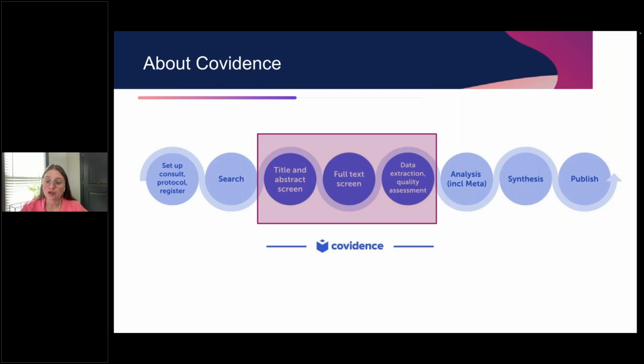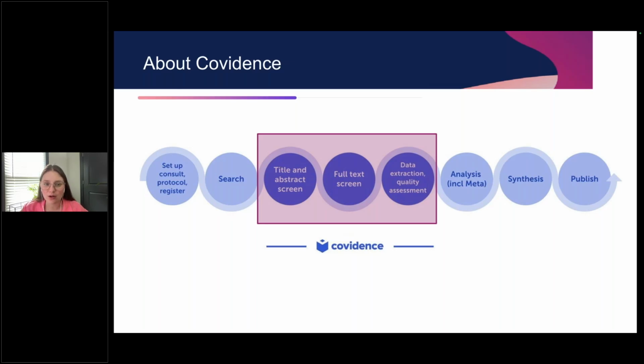We streamline the workflow from title and abstract screening, full text review, data extraction, quality assessment, risk of bias. So it is only when you're done setting up your team, deciding the research question, developing your search strategy, running the search on various databases, and having a list of relevant studies that Covidence comes into the picture.